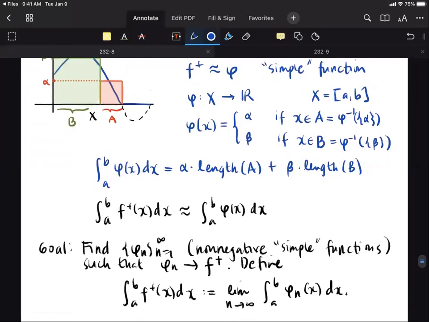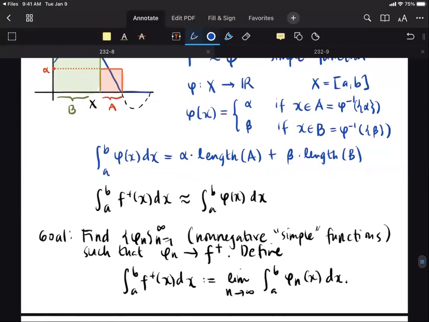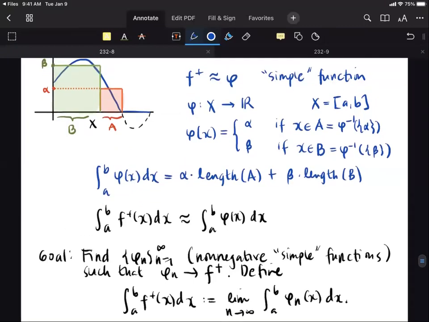You can also do this for the negative part of f. Here, take note that we need to replace the length by a measure.